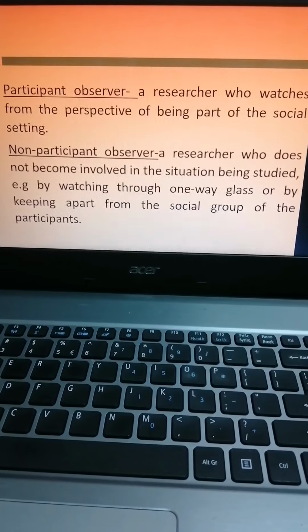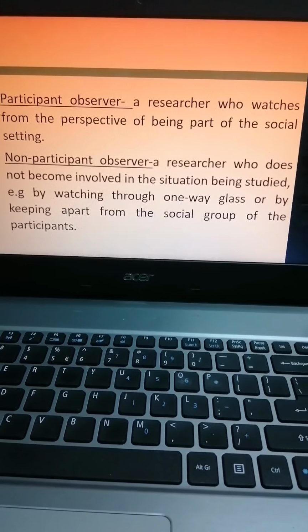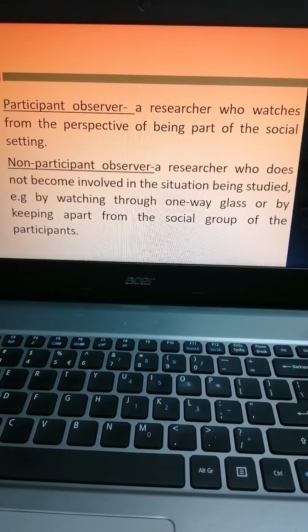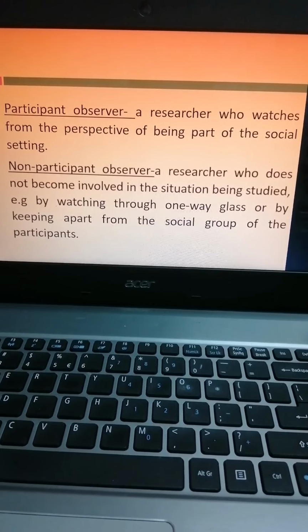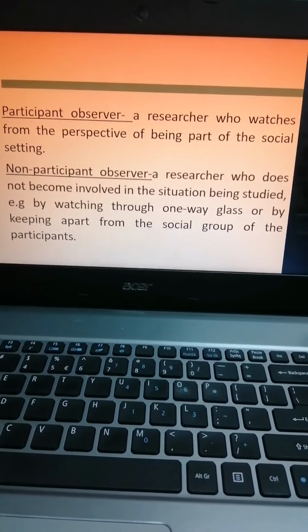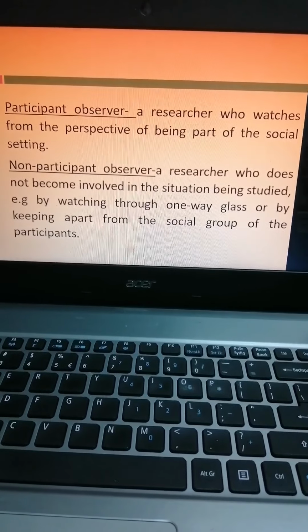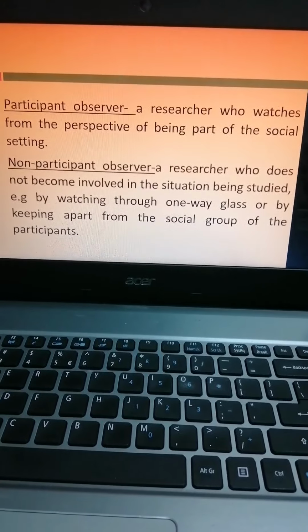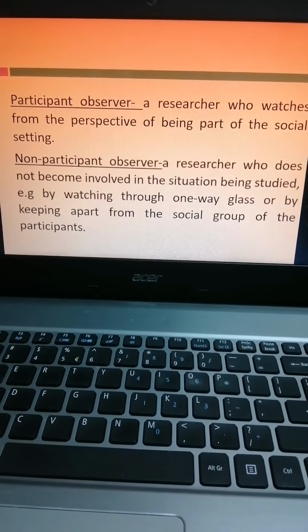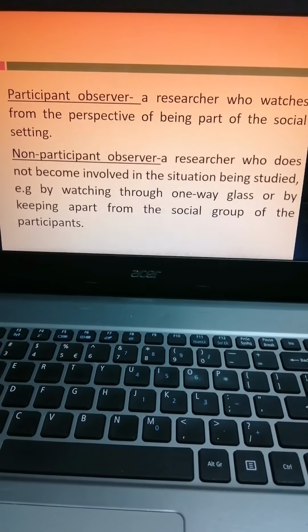This is when a researcher does not become involved in the situation being studied, for example by watching through one-way glass or by keeping apart from the social group of the participants. You have learned this briefly in the psychology course studies. There are a lot of researchers or psychologists who use non-participant observation.